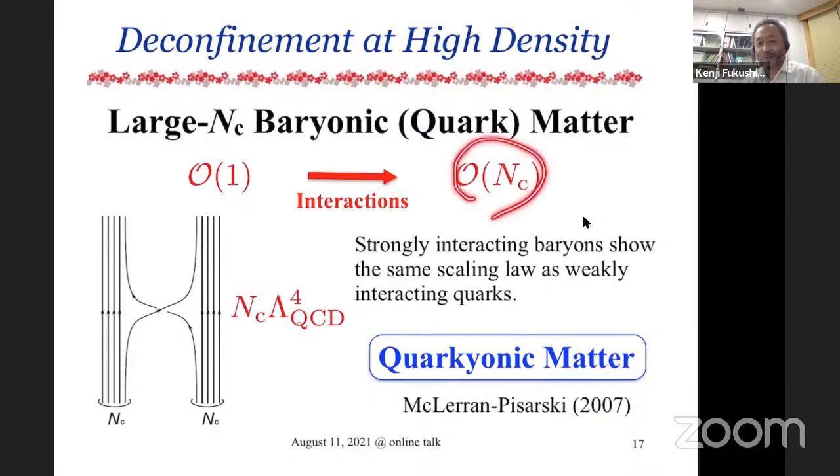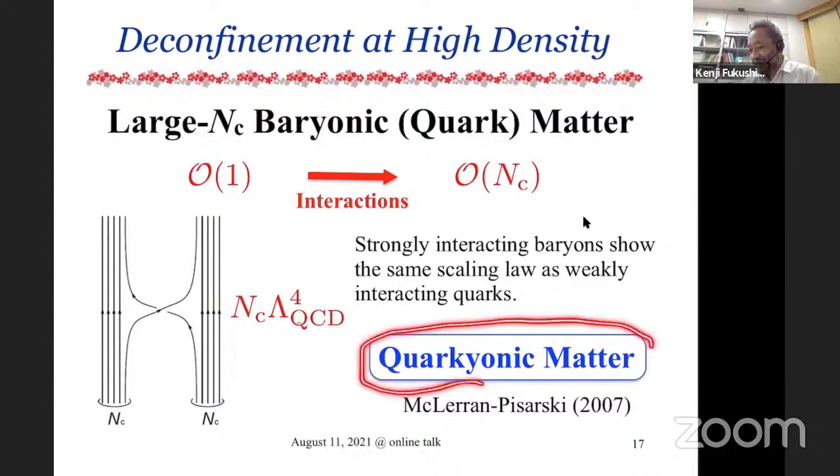Or you can say, oh, this is quark matter, because the NC scaling is the same as quark matter. So this matter is actually both baryonic matter and quark matter, or anyway, there is no meaning in making a clear distinction between them. This is actually a funny statement, but it is very important to understand the correct physics.